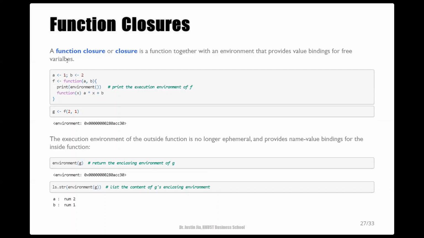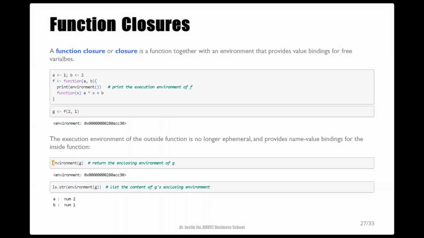There's a specific term that refers to the combination of a function and its enclosing environment. That is a function closure, or closure. Here, let me revise the previous code for function f a bit and include a print line that prints its execution environment whenever it is called. So when we call it with the arguments 2 and 1 again, it can print the execution environment initiated by this call.